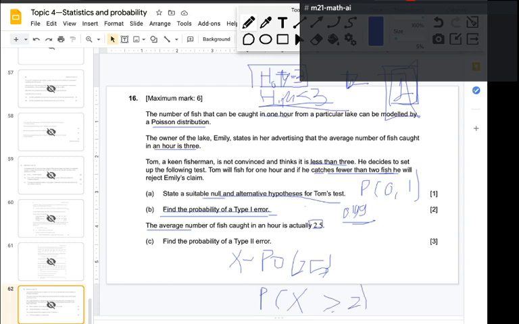So using the same Poisson distribution, the Poisson CDF, you put in 1 and then you minus the result from 1, so that would be 0.712. I think that should be correct.